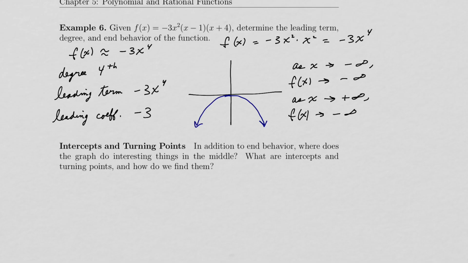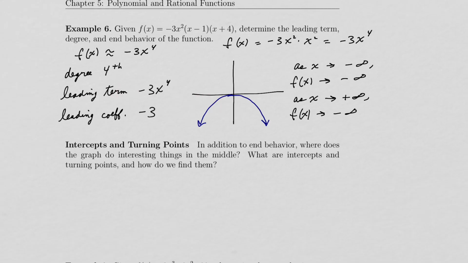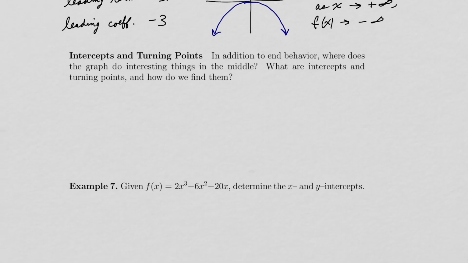So in addition to end behavior, we might be more interested in what's going on towards the middle of the function, near the origin, where it's finite and not blowing up to negative infinity or positive infinity. There are several things that could be happening in the middle.